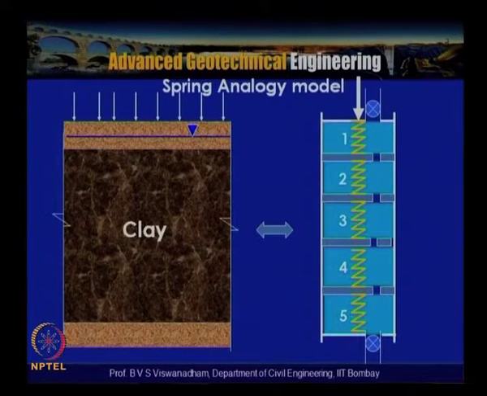The similar situation can be simulated if we open the upper valve and bottom valve simultaneously, as with the two open layers on the left-hand side of this figure. Springs 1 and 5 get compressed first, then springs 2 and 4, and finally the third spring starts compressing slowly. This process continues till the hydrostatic conditions prevail.